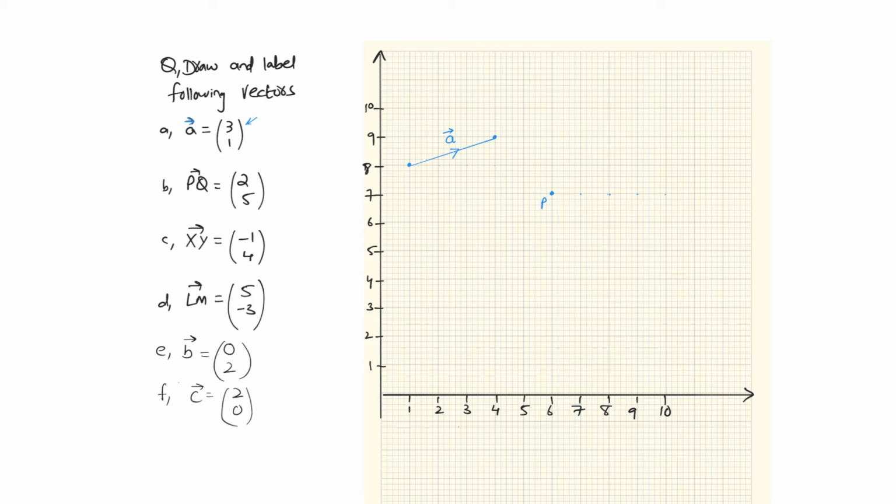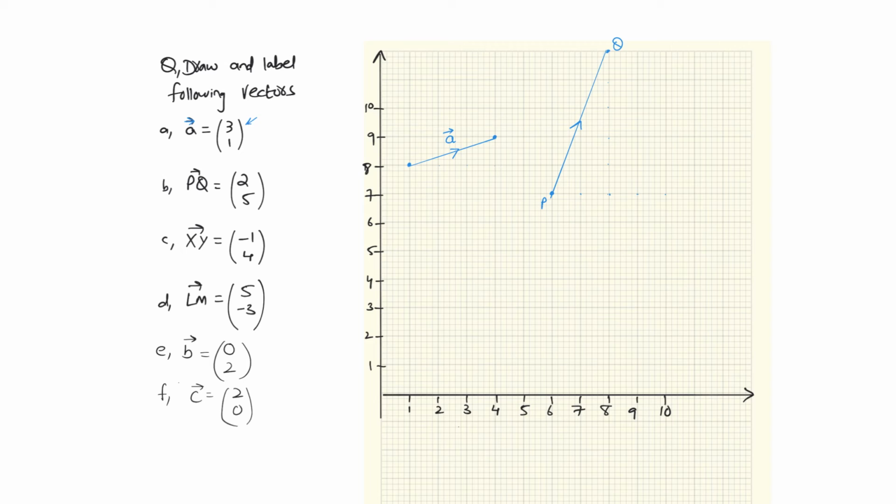Okay, 2 units in the x direction and 5 units in the y direction. That's the ending point. You're going to join them with a straight line. So that's your vector PQ. You need to be careful about the arrowhead. Starting point was P and ending point was Q.